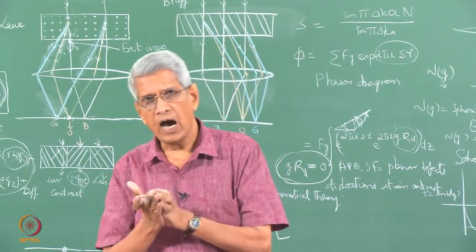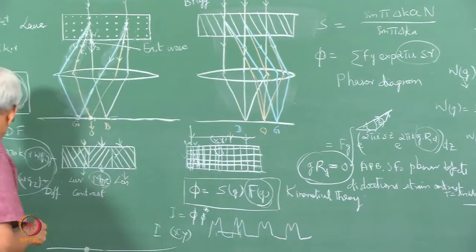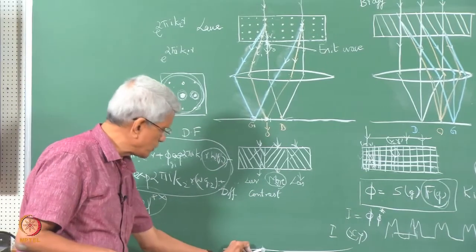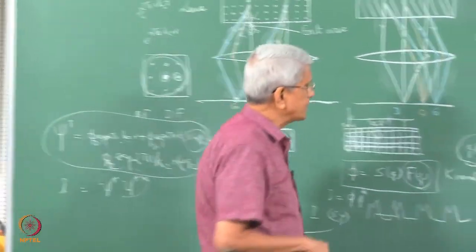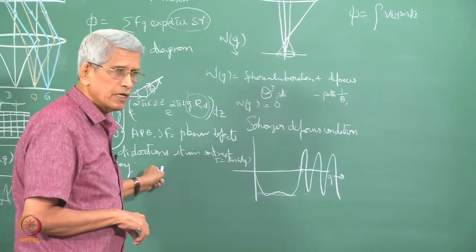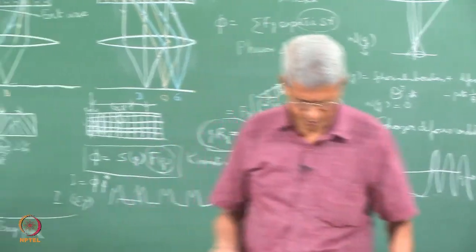All of them will give rise to modification of the contrast which we see. All these effects have to be taken into account to get correct interpretation of the images.